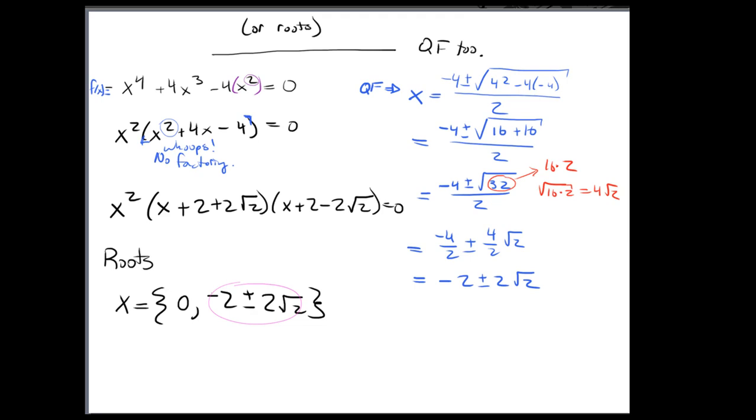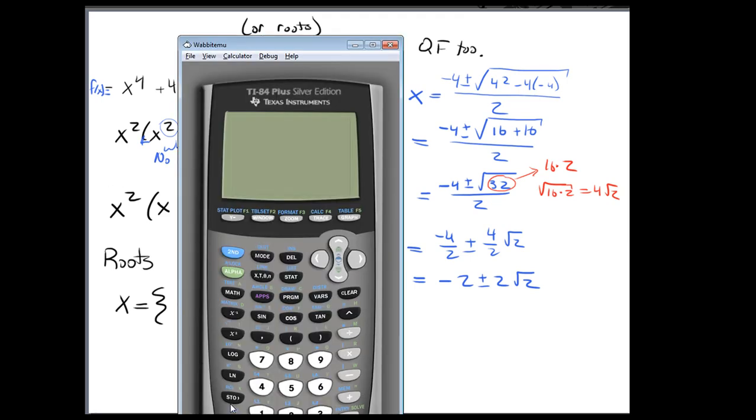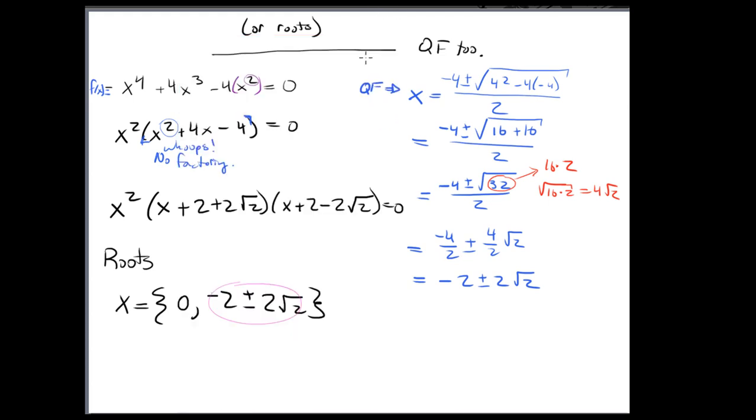That is to say, if I pull up my calculator and I take -2 and I add to it 2 square root 2, and I hit enter, I get about 0.83. So let's look at f of 0.8 and f of 0.9.